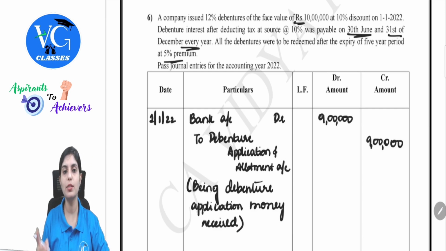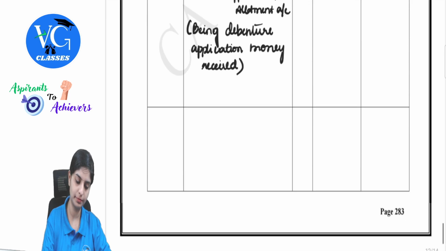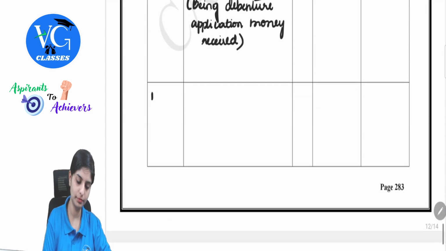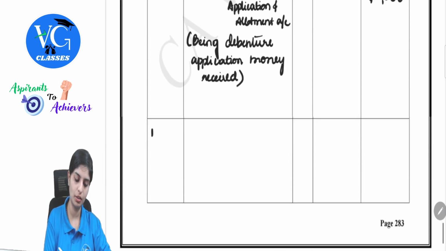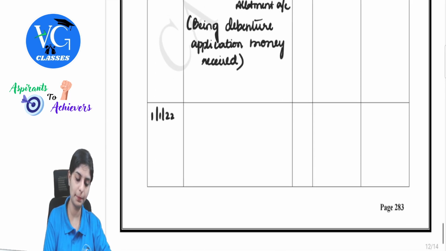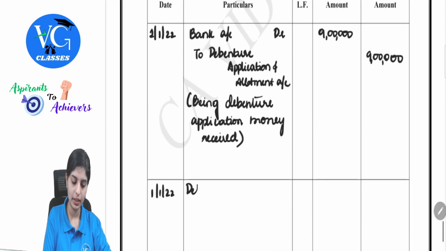Next, this needs to be transferred to debentures, recognizing discount on issue and then premium on redemption. There are no other dates given, so we can refer to the same date. What will be the entry?